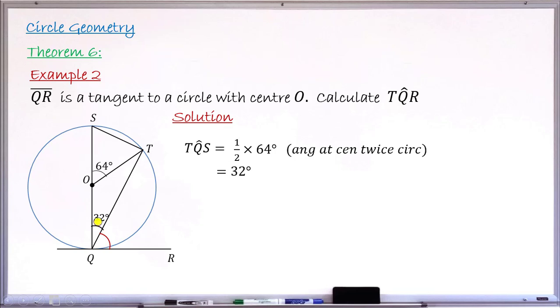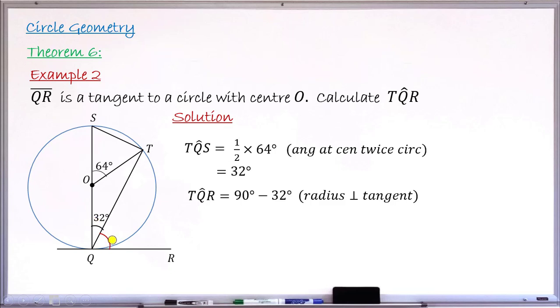And the addition of 32 degrees and the marked angle will give 90 because OQ is radius and QR is a tangent. The angle between a radius and a tangent is always 90 degrees. So let me get my marked angle. The angle TQR, the marked angle, will be equal to 90 minus 32 because the addition of the two angles gives 90.